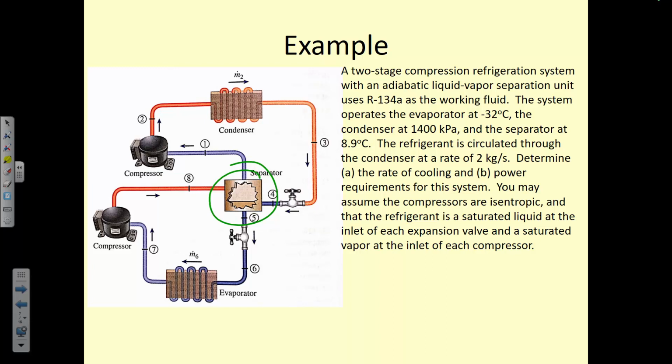Where's the evaporator? It's at the bottom, so this is, I'm going to do it blue, negative 32 degrees Celsius. The condenser is at 1400 kilopascals. Where's the condenser? The top, 1400 kilopascals. And the separator at 8.9 degrees Celsius. What's the separator?